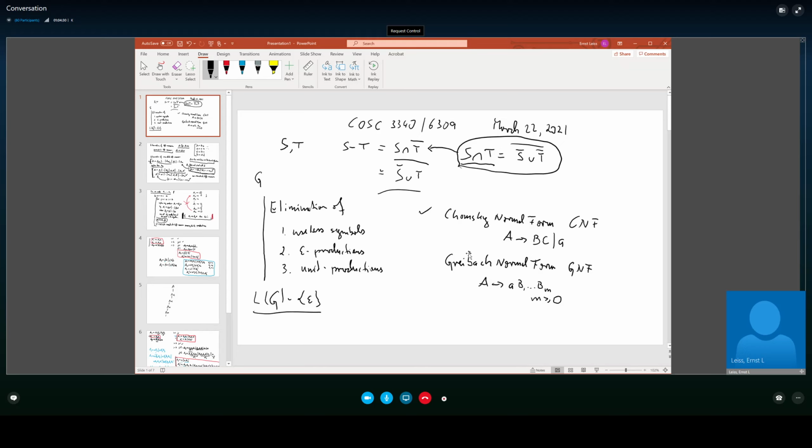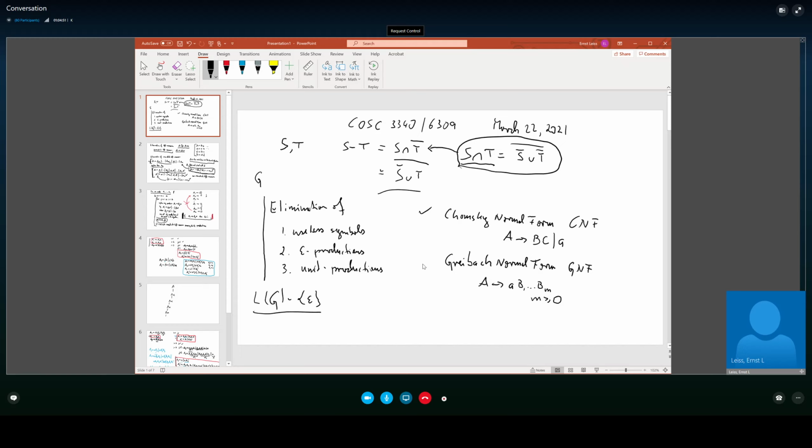And so both Chomsky normal form and Greibach normal form obviously cannot generate epsilon. But that is not really an issue here, because we basically get that automatically once we eliminate all epsilon productions.